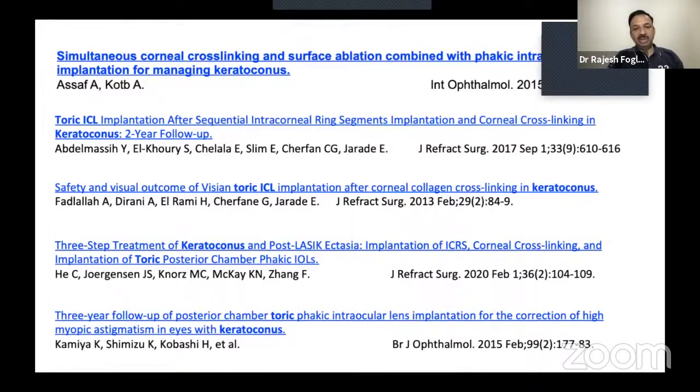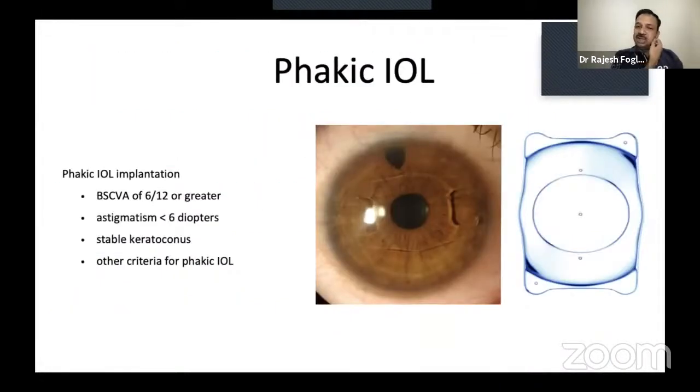So using a varied combination, people have been able to use the phakic IOL to try and achieve good vision in patients with keratoconus. We already heard various speakers give us details about the phakic IOL. The two varieties which have been reported in literature are the Verisyse and the ICL.